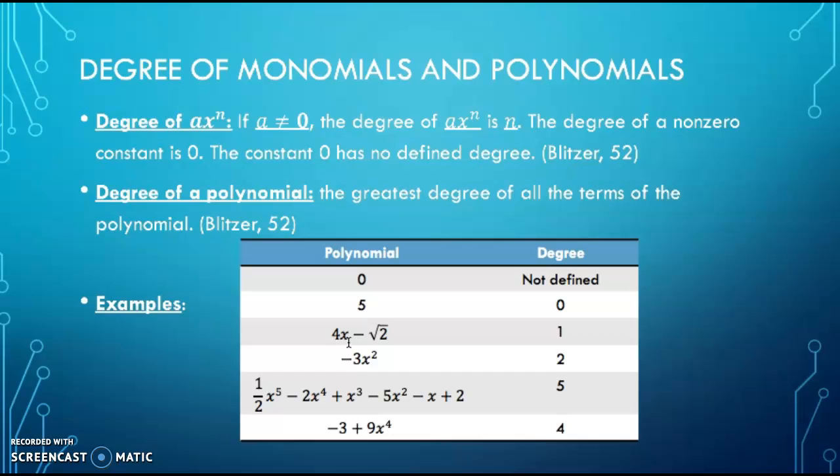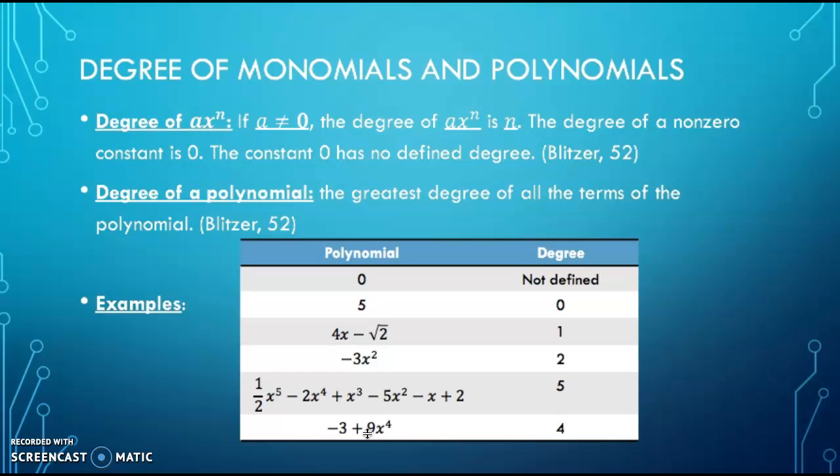And if the leading term is just an x, then this is x to the first, so therefore the degree would be 1. And you can see here I'm just talking about the exponent on the leading term here. We have multiple terms. And so in this polynomial, I go to that leading term, the term with the highest exponent, and I just list its exponent as the degree of the polynomial.